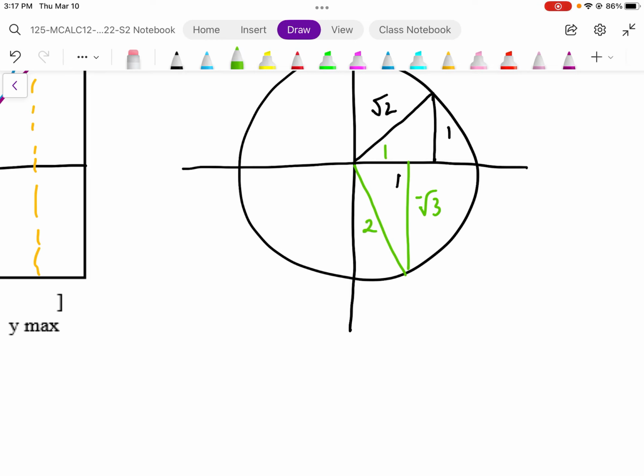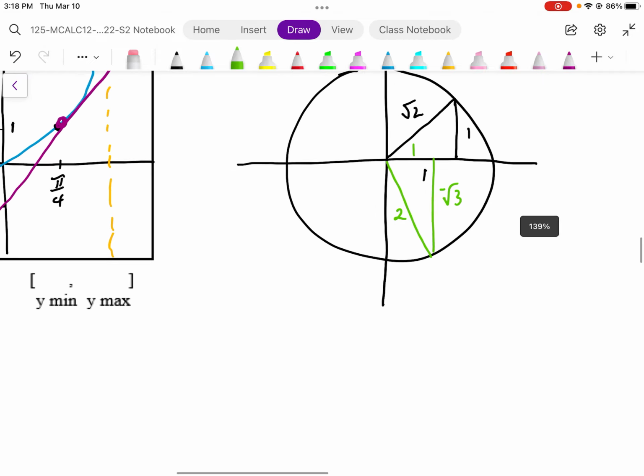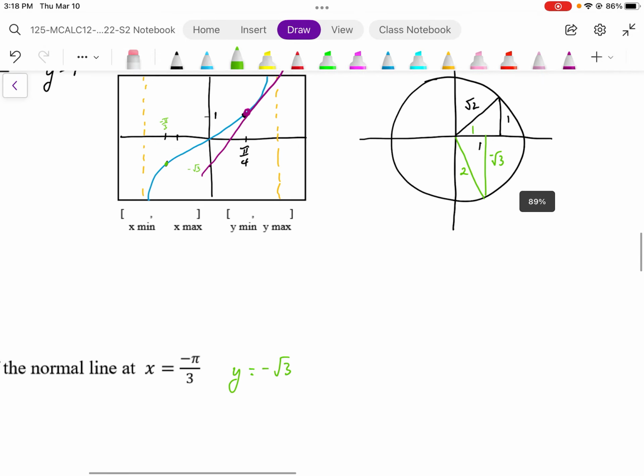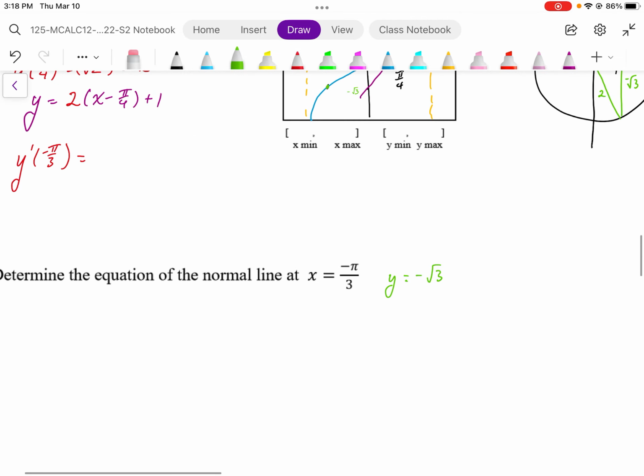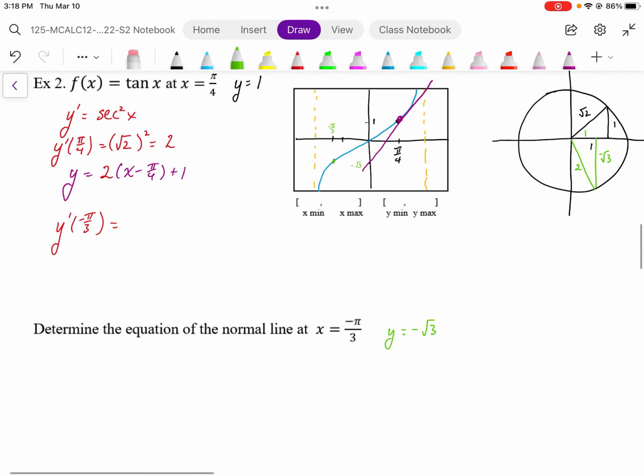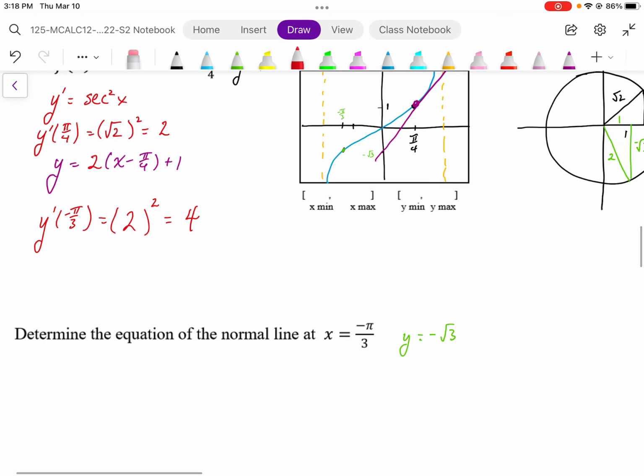So the secant value is going to be 2 over 1, which is the radius over the adjacent side, or 2. We're going to square that, so we end up with a slope of 4. Now we want the perpendicular slope, so that slope is going to be negative 1 over 4. That represents my perpendicular slope.